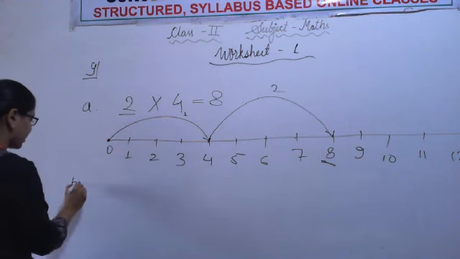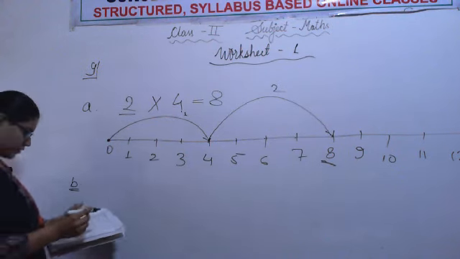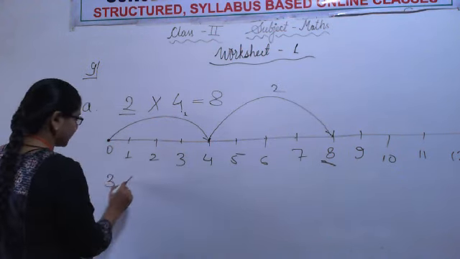Now the second question is 3 into 6. So once again let me make number line first.